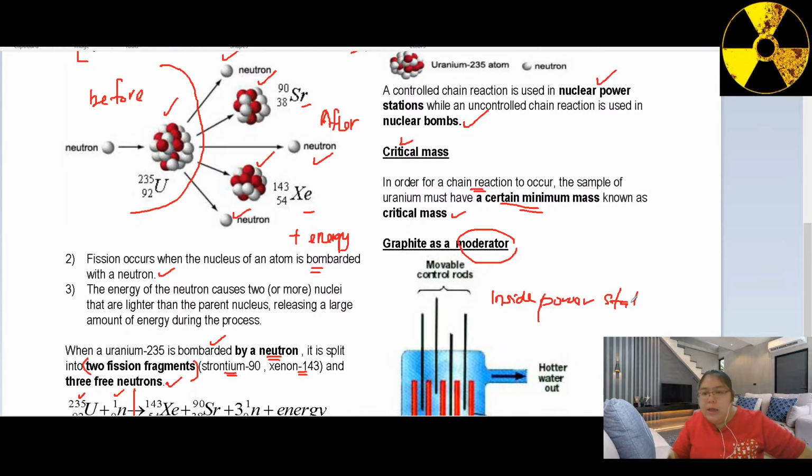They must have this graphite as the moderator to control the nuclear fission. That means they control the nuclear fission, so the neutrons never go so fast to hit the uranium. So they control the chain reaction by using the graphite as a moderator. Let's see the example for the graphite here.